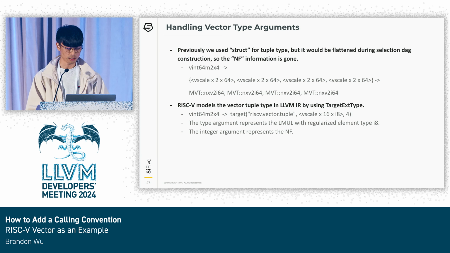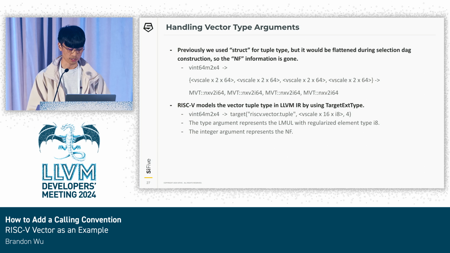And originally, we used structure type to represent the vector tuple type, where NF is mapped to the number of elements in the struct, and each element is of scalable vector type with specified LMUL. For example, a vector tuple type with LMUL 2 and NF 4 is represented as a struct type with 4 elements, and each element is an LMUL 2 scalable vector.